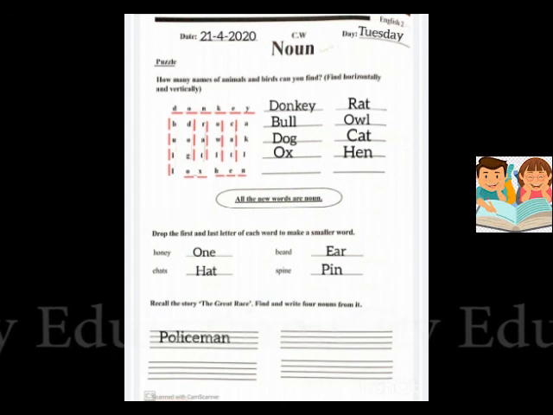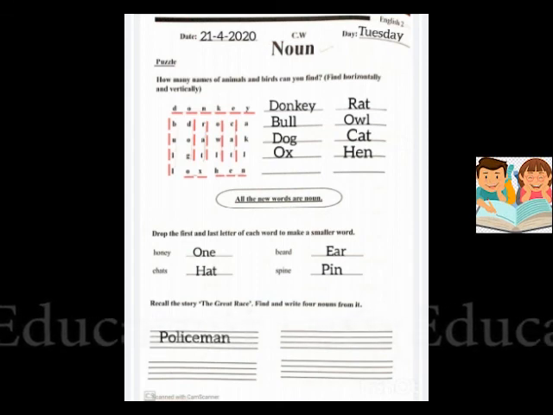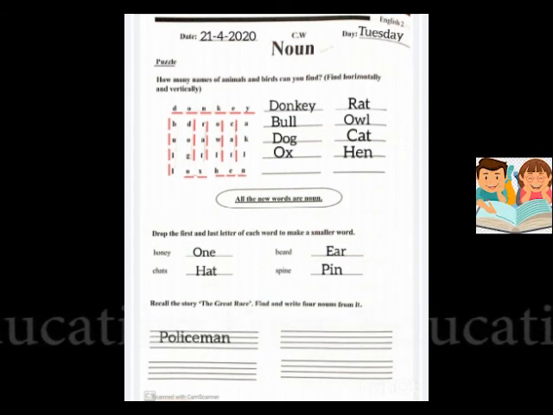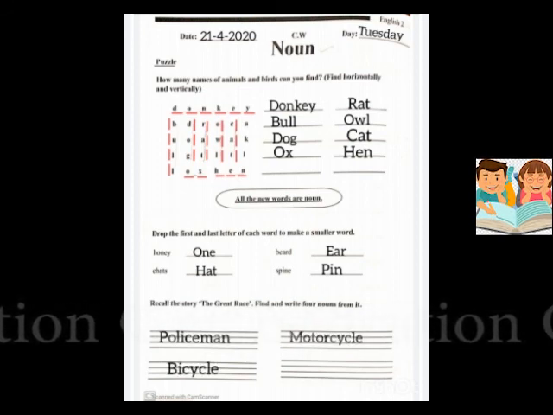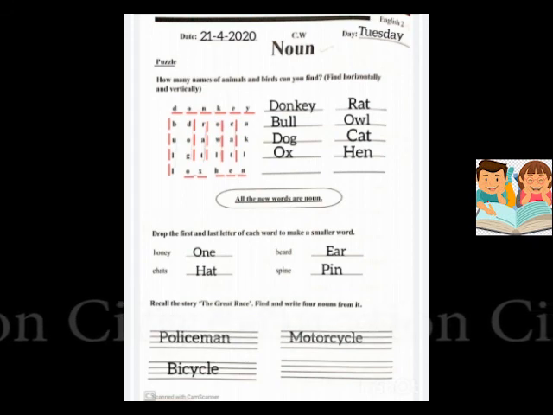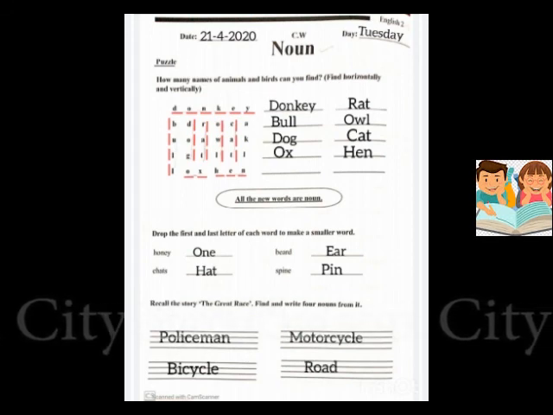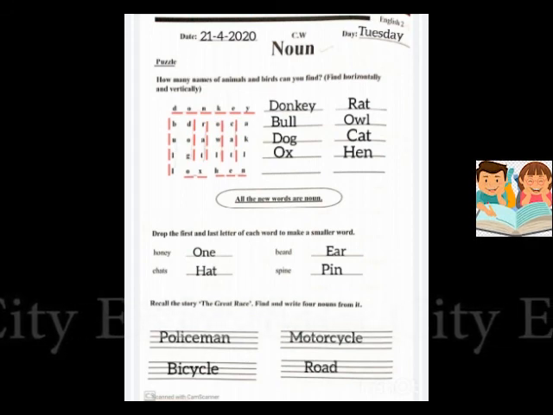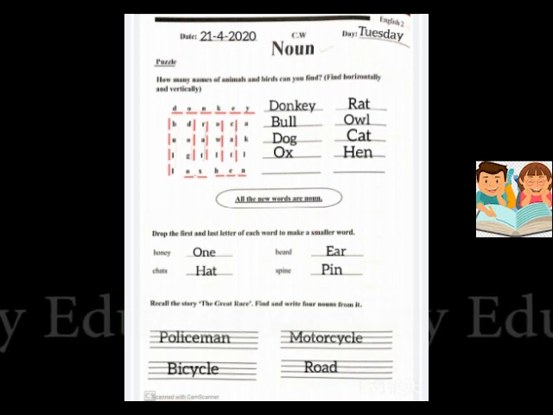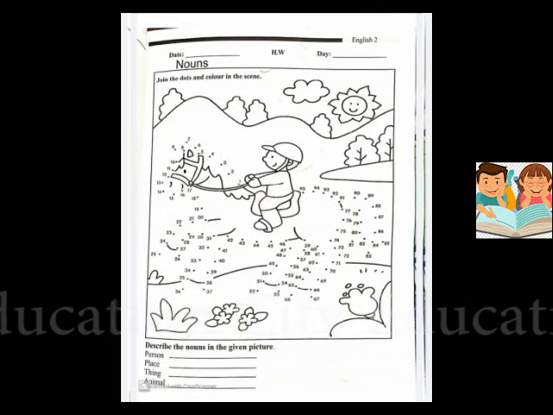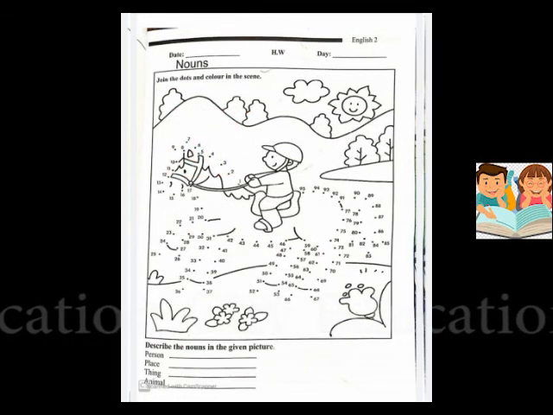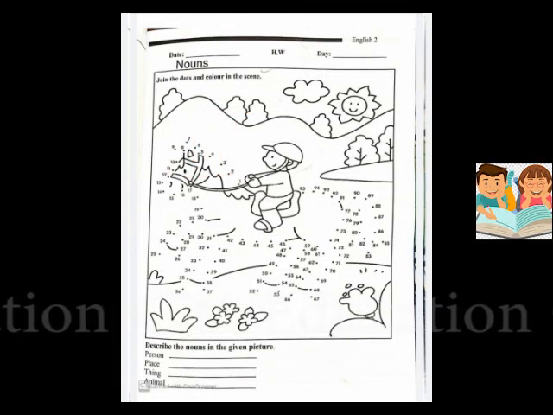And we will find things like motorcycle and bicycle, and the place road, and we will write policeman, motorcycle, bicycle, and road. There are 4 nouns.